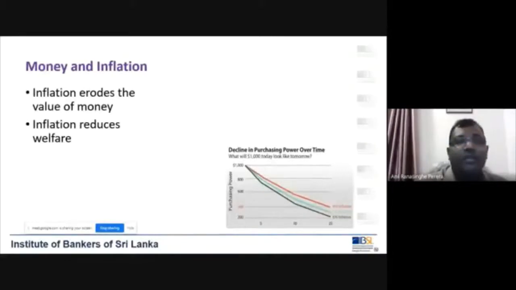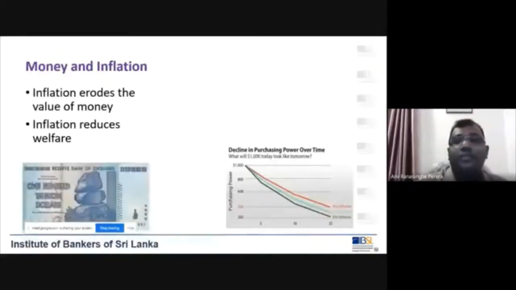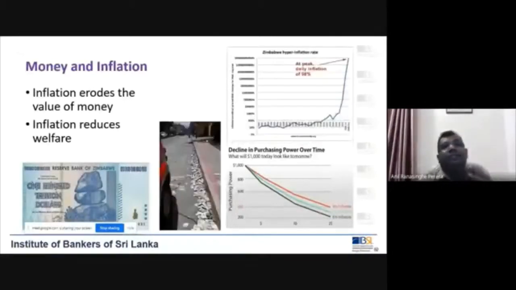Here we have some examples to understand this. Now, why is inflation bad? Or is it good? Some people would say, okay, inflation is not bad.